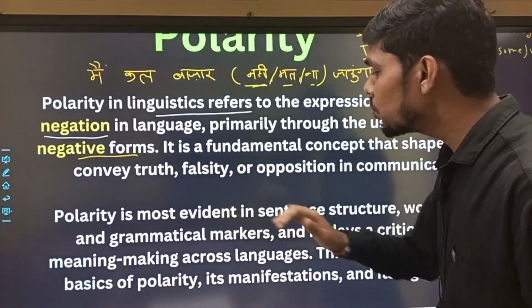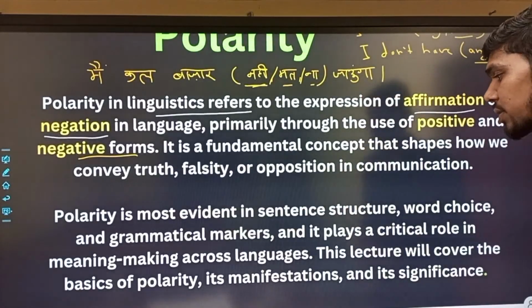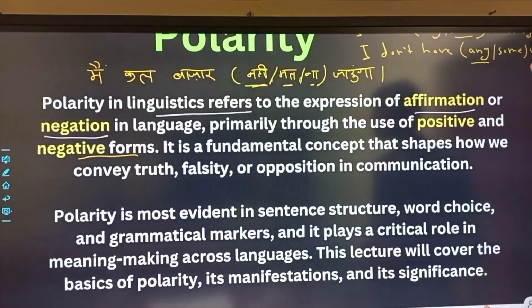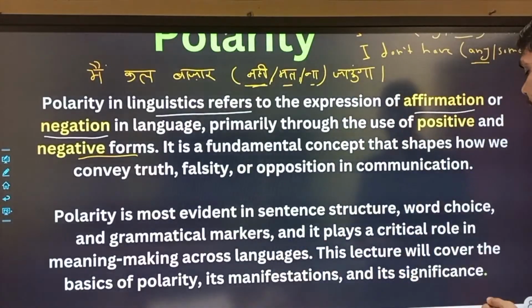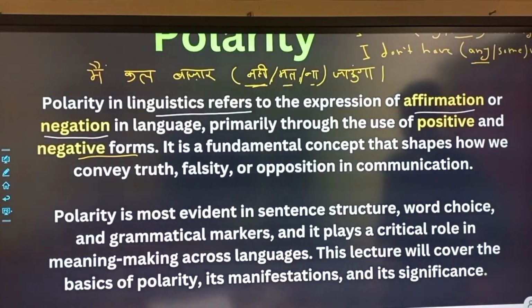Polarity is most evident in sentence structure, word choice, and grammatical markers. These are the grammatical markers: any, some, and not, never. Grammatical markers play a critical role in meaning-making across language.